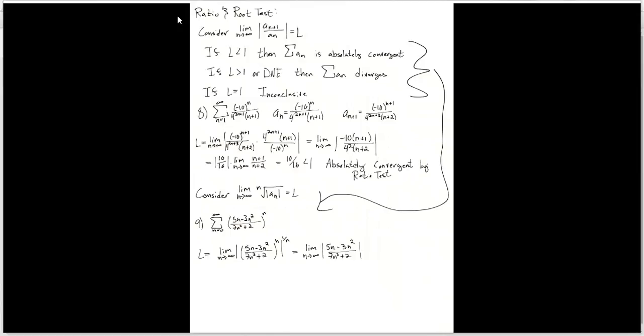And you can see that this is going to be going to 0, right? So we have that L is less than 1, so this is absolutely convergent.